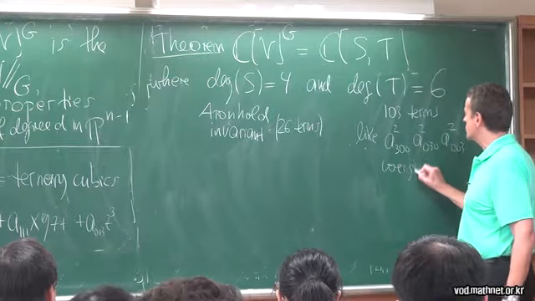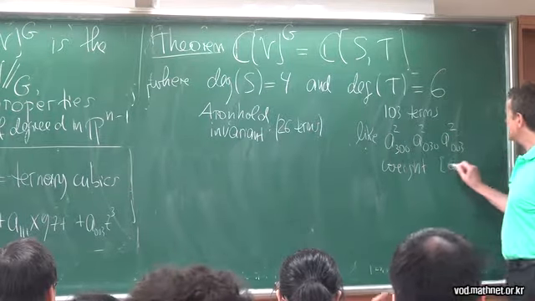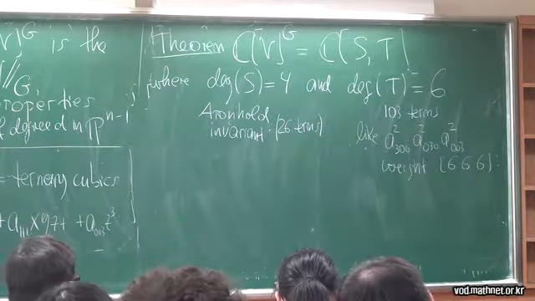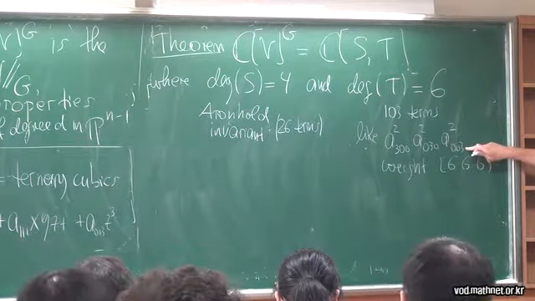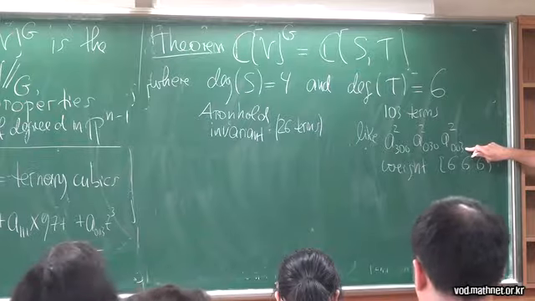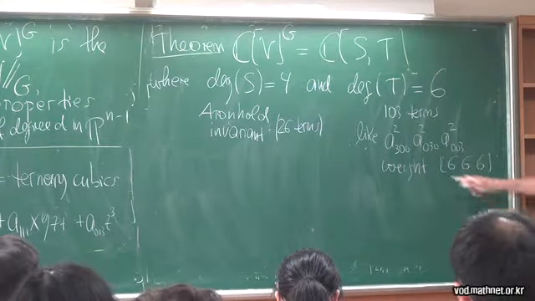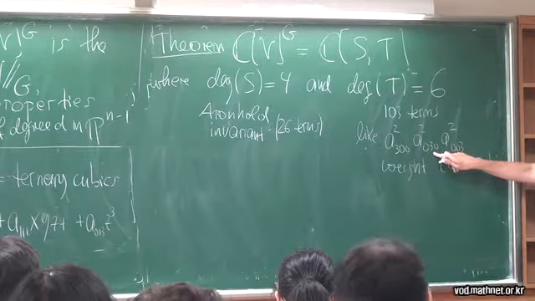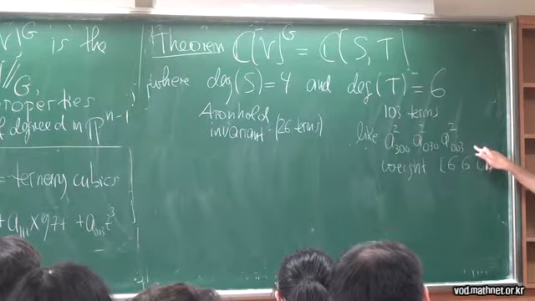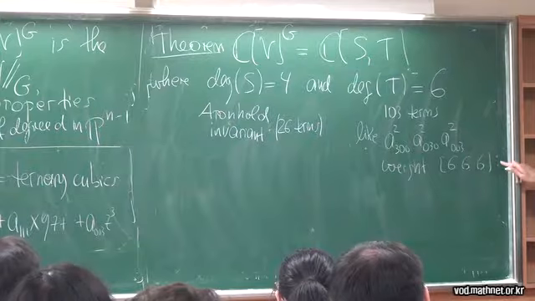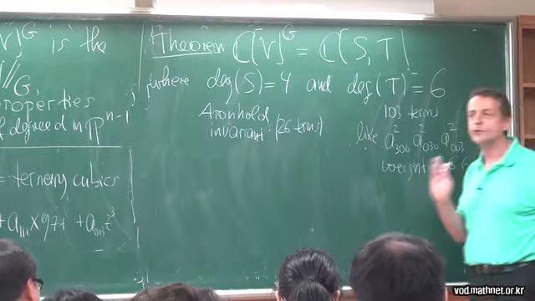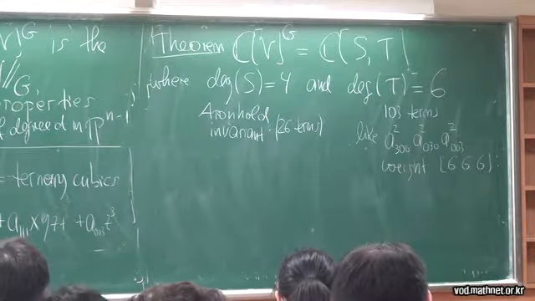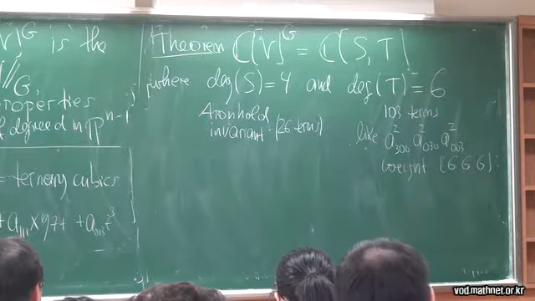We're only interested in invariants that have weight 6, 6, 6. By that I mean if you add the indices as vectors, 300 plus 300 plus 030 plus 030 plus 003 plus 003 gives this. And that's true for every other term. Every monomial that is allowed to appear in an invariant has to have that property.